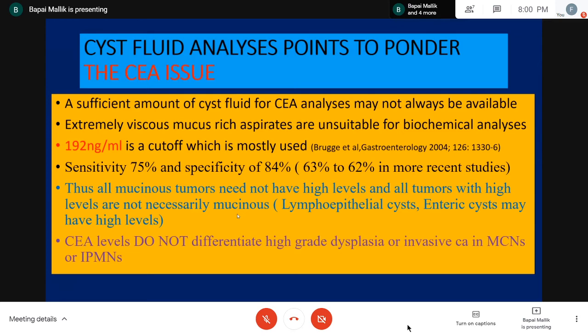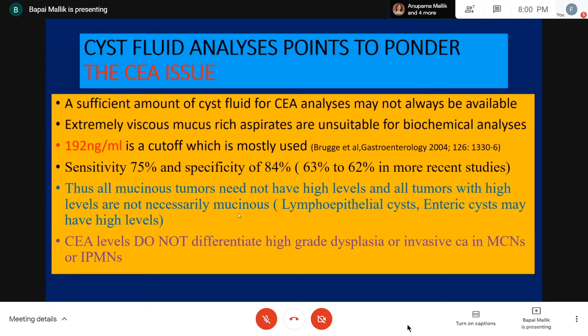So it is not really set in gold. It is extremely useful, but you have to take the whole scenario into consideration. You have to remember that there are mucinous tumors which do not show raised CEA levels. And of course, there are tumors which are actually non-mucinous, which can show raised CEA levels.